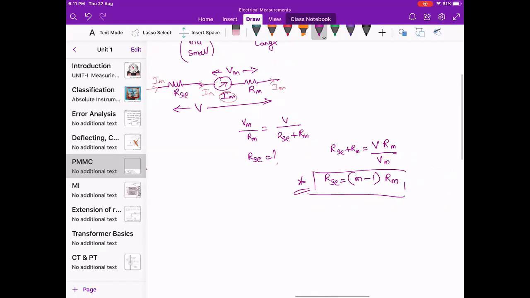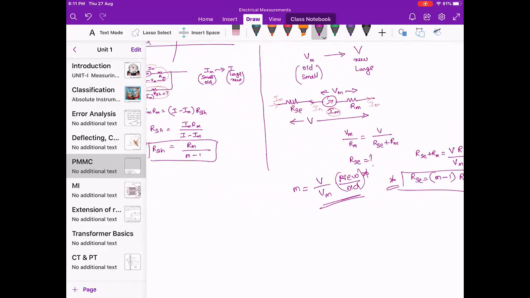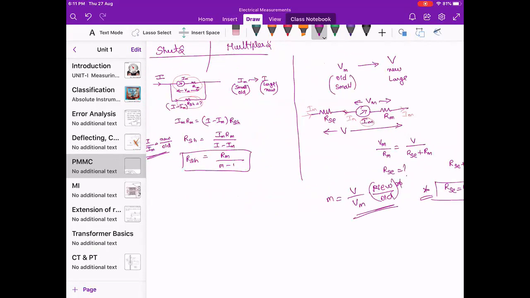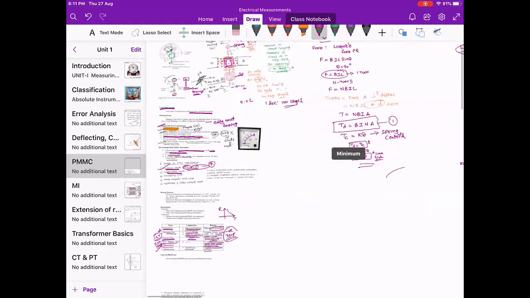Remember, M is equal to capital V by small VM, meaning new by old, every time it is new by old only. Remember, because during problems you have to find the M value very fast. And this is the extension of PMMC using a multiplier. Now we will see some problems on that.